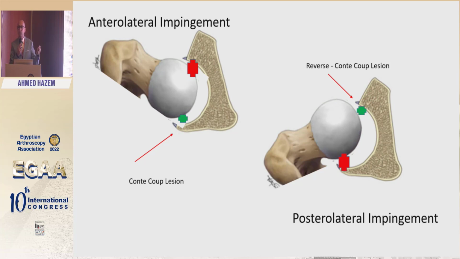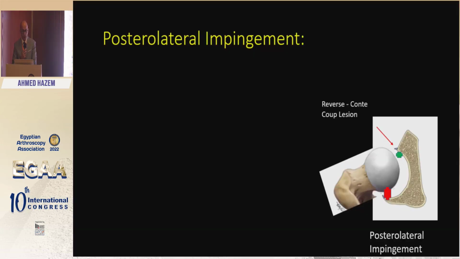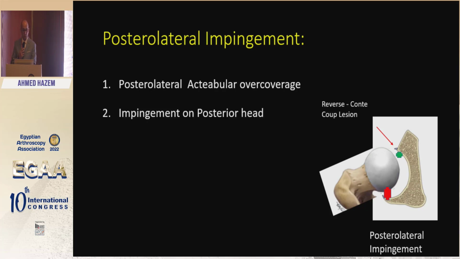Now, this posterolateral impingement we've seen in cases separately, and we've also seen it in combination with anterior impingement and cam. So you find it in both conditions. So what does it have? It has acetabular overcoverage. It's too much acetabulum on the back. That's why the hip is impinging when it's in abduction and flexion position.